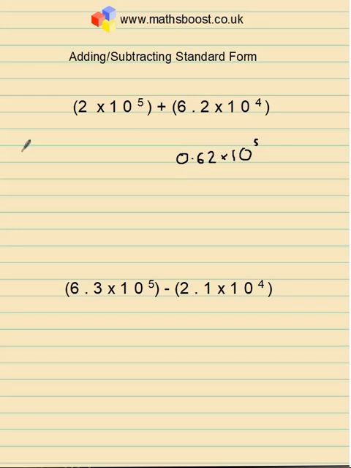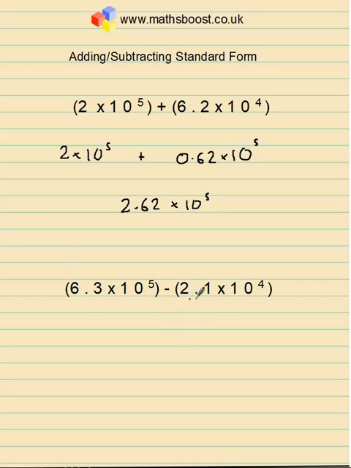And now I've got these, they're both 10 to the 5s. So 2 times 10 to the 5 plus 0.6 times 10 to the 5 will be 2.62 times 10 to the 5. So I'm just adding them together. And it's just the same with subtraction.